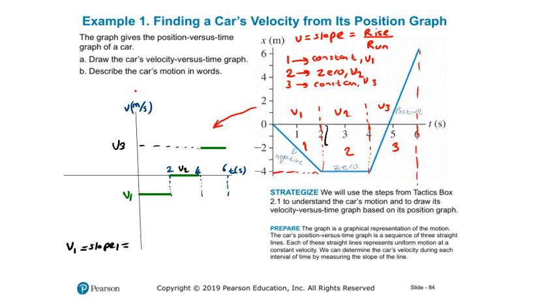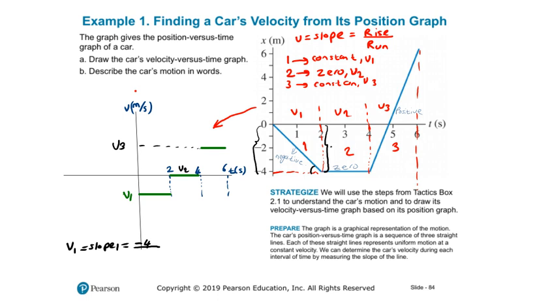Let's calculate the values. I'm going to say V1 is equal to slope 1. And I'm going to look at the rise over run for this slope. I decided that it's negative, so I am good. I'm only going to look at the magnitudes here. This would be my angle here, by the way. So the rise would be here for my slope.